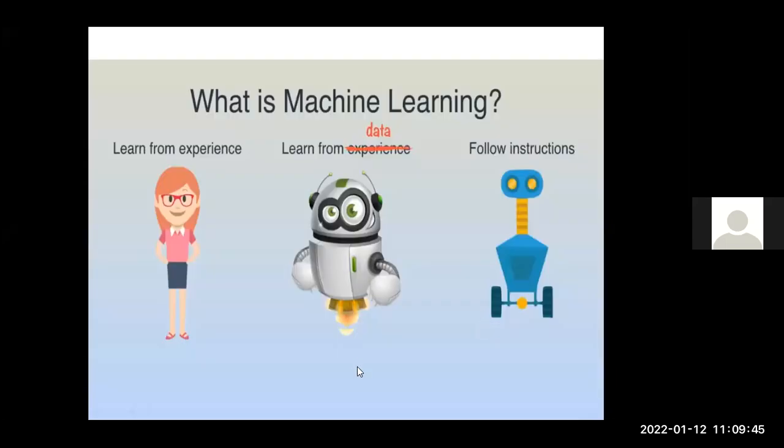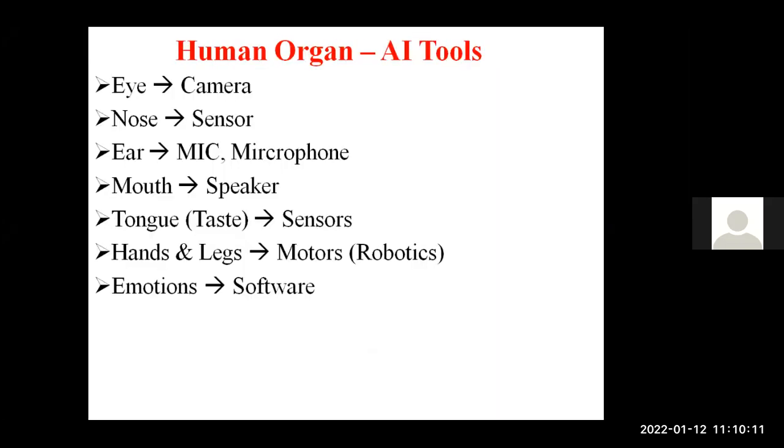So that character of a human, what we want to put inside the machine, is considered with the term called data. Why is human becoming intelligent? Among all the living species, we generally say human is highly intelligent. Why are we using that word? Because human is learning, right? He is collecting the data. So how are we collecting our data, when we speak about our own organs? We have eyes, nose, all those things, right?